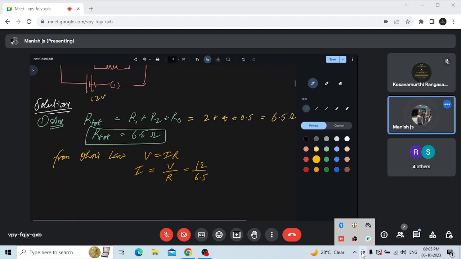Simplify it: 120 upon 65. How much is that? 1.84, sir. So you find the simplest fraction and then go for simplification. 1.84.